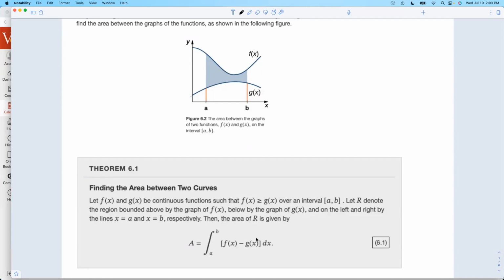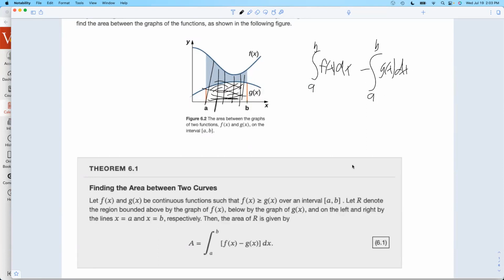It's literally just big minus small. Imagine if I wanted this area. That area that I just shaded would be the integral from a to b of f of x dx. And what if I wanted to subtract out this area under g here? That would be the integral from a to b of g of x.